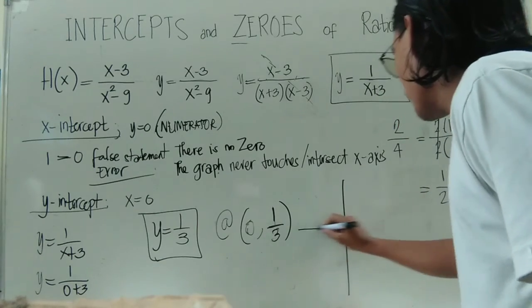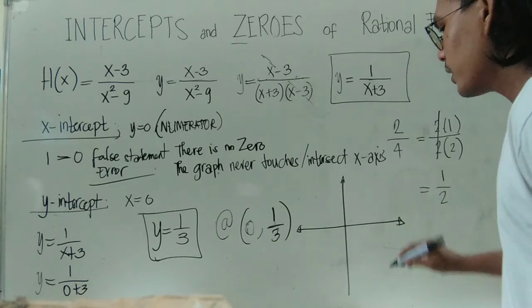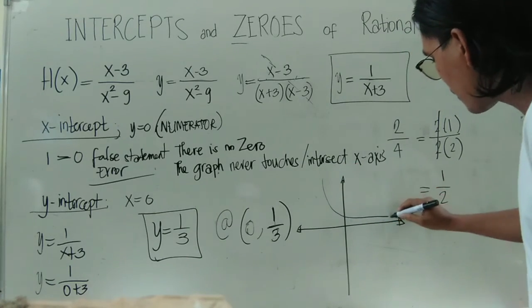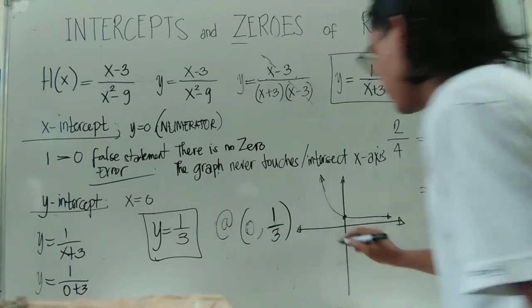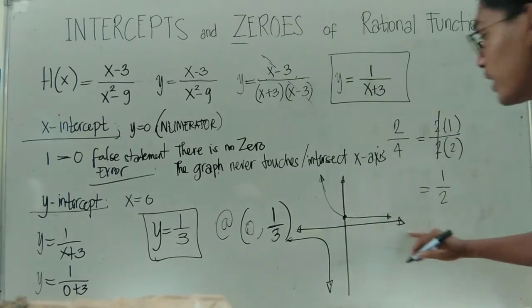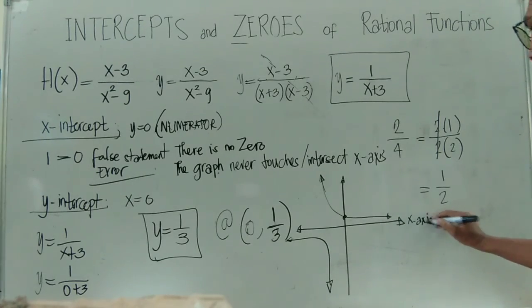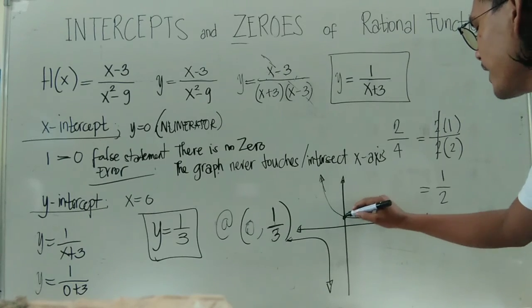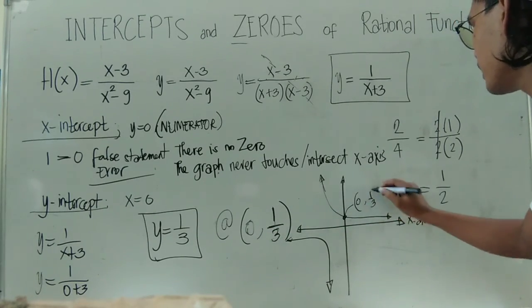Or you can try to look at your graphing calculator. The graph will look like this, and this. So it will not cross your x-axis, but it will cross your y-axis at point 0 and 1/3.